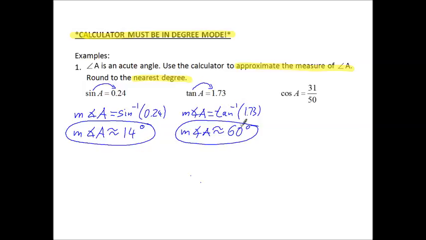And last but not least, using the cosine of angle A, which is 31 over 50, which still is in ratio form, that's fine too. So the measurement of angle A is equal to the inverse cosine of 31 over 50.